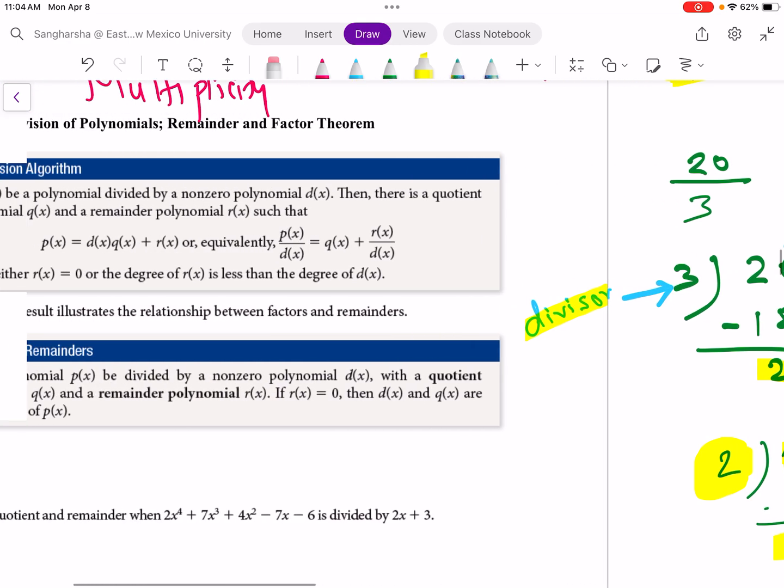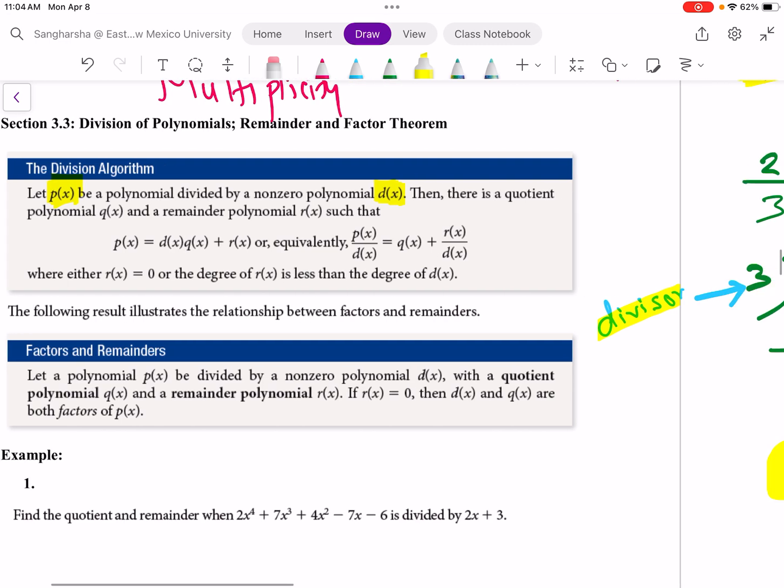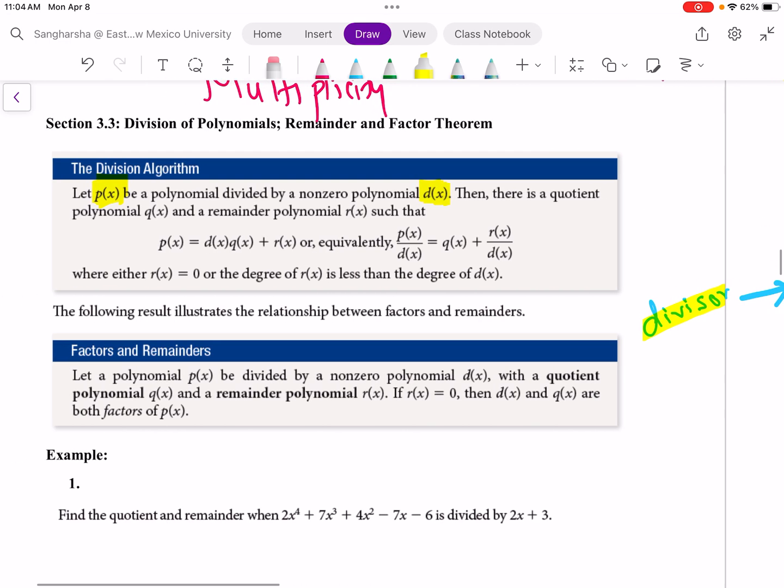Now in general, we have our polynomial function p of x, divided by d of x. So p of x is our dividend, and d of x is our divisor. When we divide p of x by the divisor d of x, we can always rewrite p of x as divisor times quotient plus remainder.